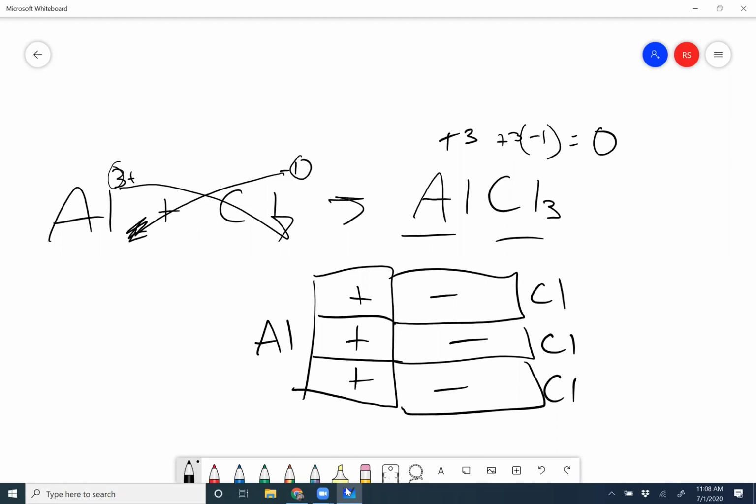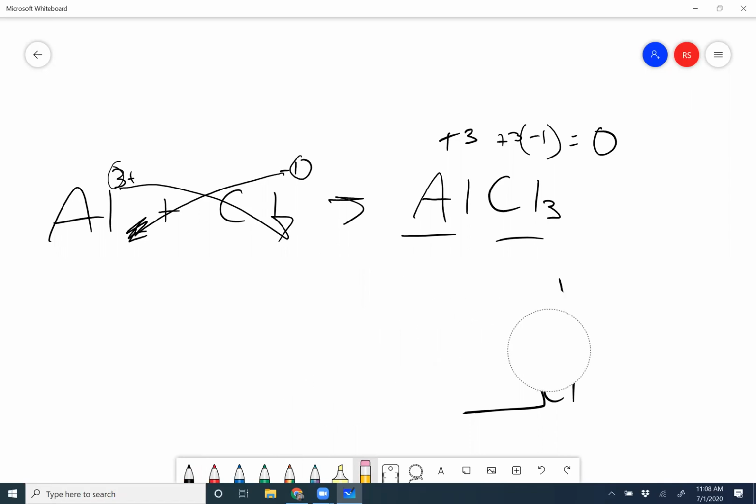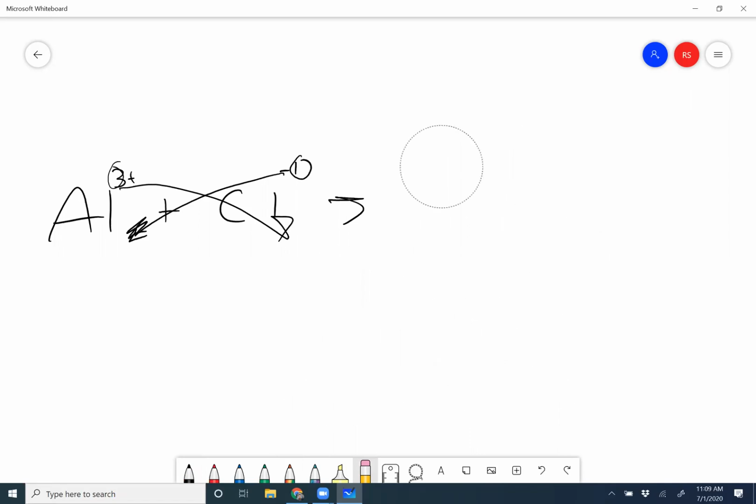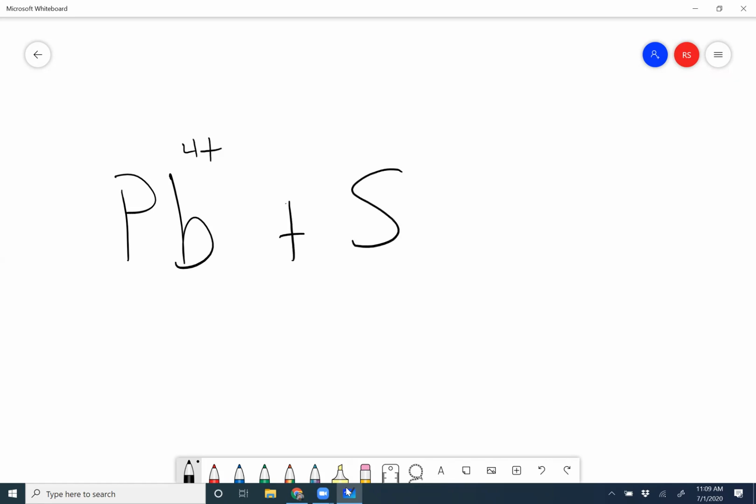Now, say for instance, when can we not just simply use the crisscross method? The answer is when they're factors of each other. So say for instance, we had some lead 4 and it was going to be hanging out with some sulfur, which is -2.